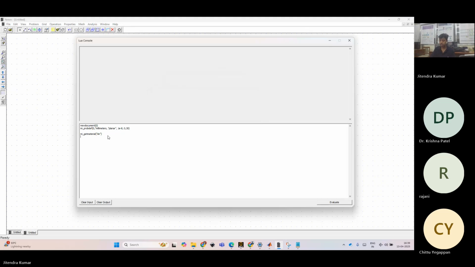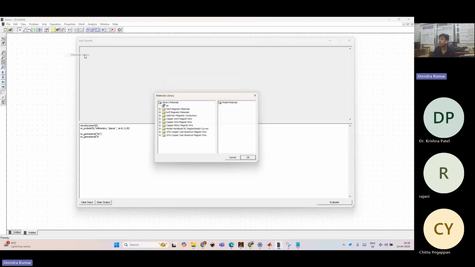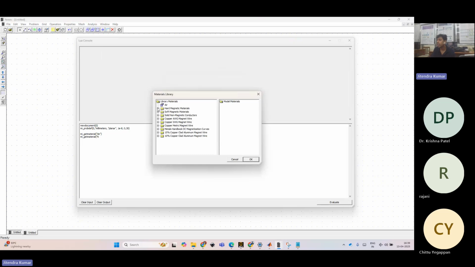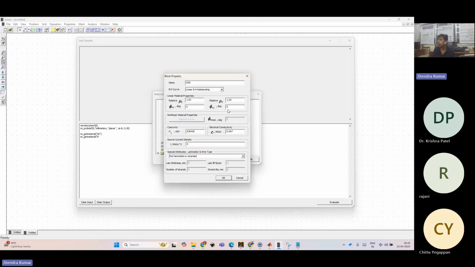Now the next material should be the permanent magnet, that is NdFeB, for which you could take any grade. Again, go to the material library, see hard magnetic materials, and enter NdFeB. N30 is the very basic, or you could select any other NdFeB grade. For N30 you could see the properties here, right?